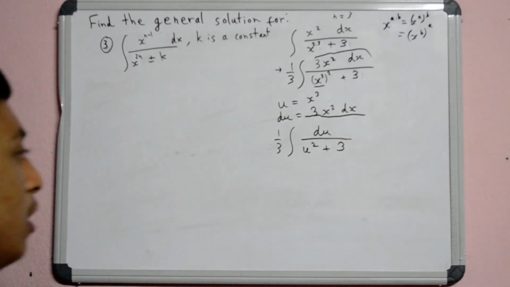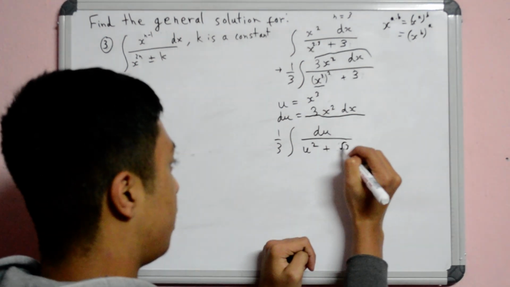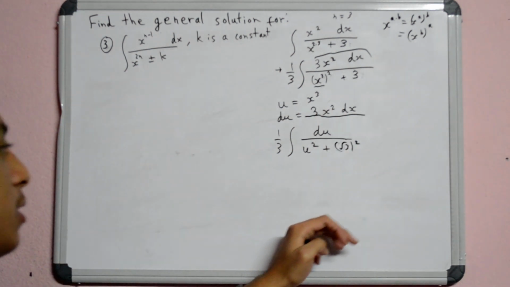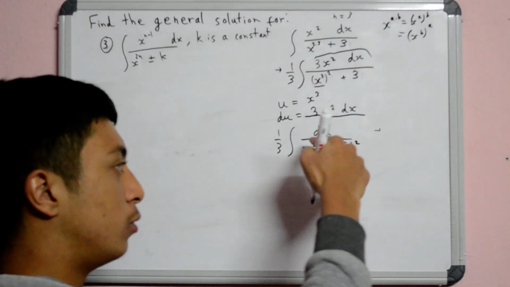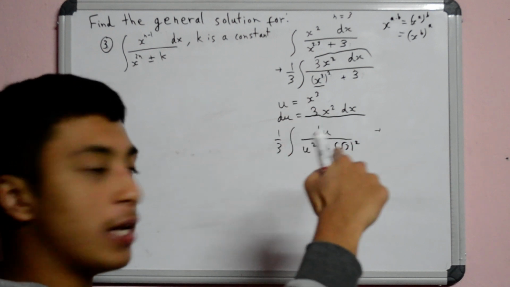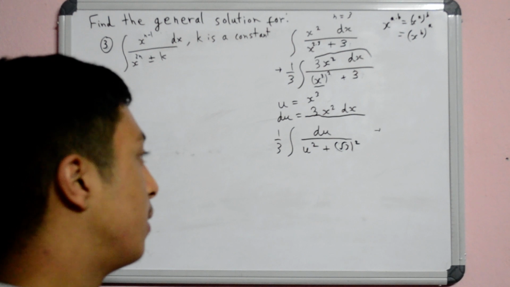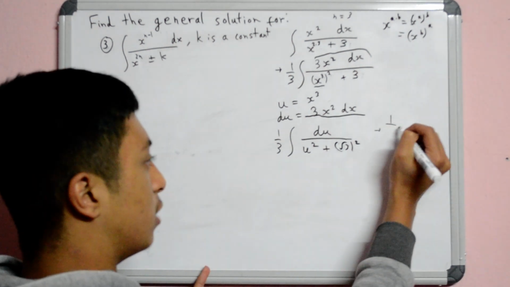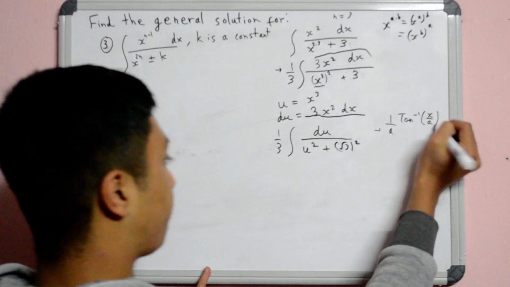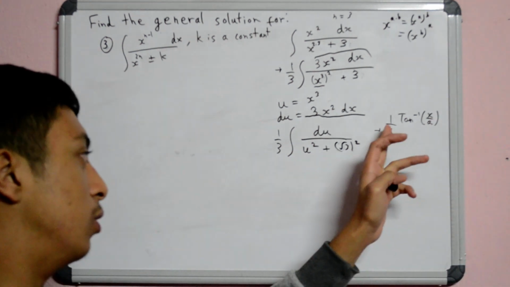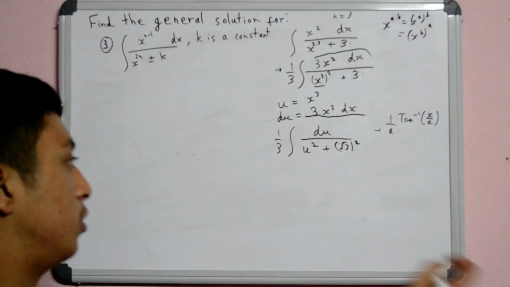Now, what you can do is rewrite this 3 as root 3 whole square, because now you get a form which is integration of 1 by u square plus a square, where a is a constant, and its general formula is 1 by a tangent inverse of x by a. If we were in the x world, if we had a dx and this was x and this was a, of course.